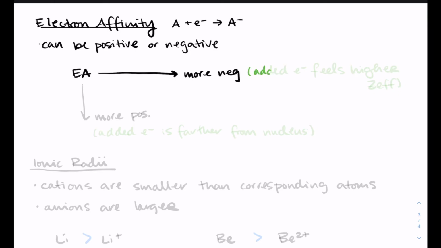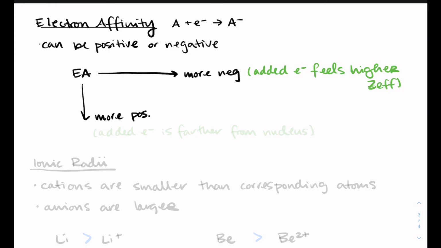Electron affinity down a column becomes more positive. So I need to put in more energy to get this electron to stay. And it's just because the n is increasing, so that added electron is farther away from the nucleus.